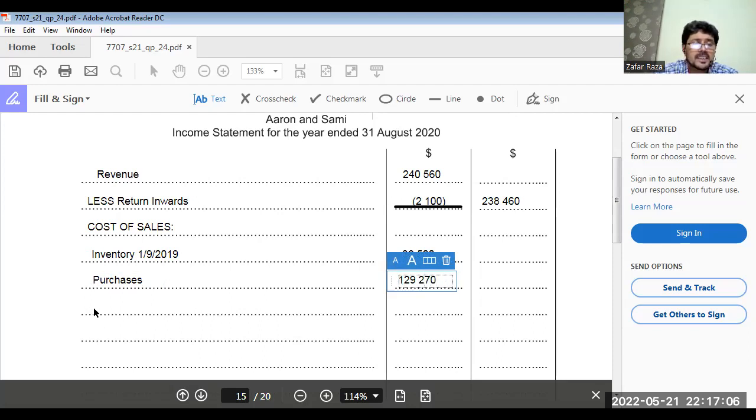There is no purchase return or return outwards in the question, so don't need to worry about it. Now carriage inward. Carriage inward was 1,240. So what you have to do, get total here.